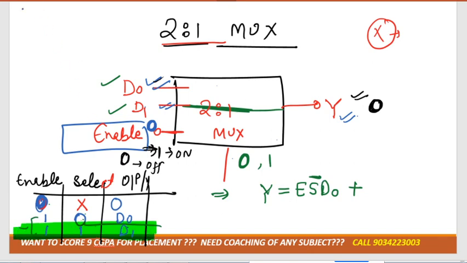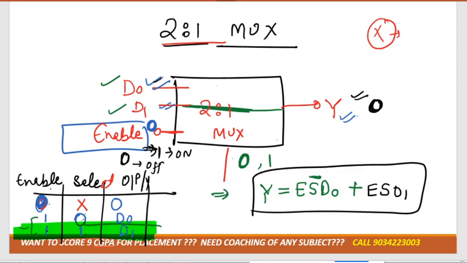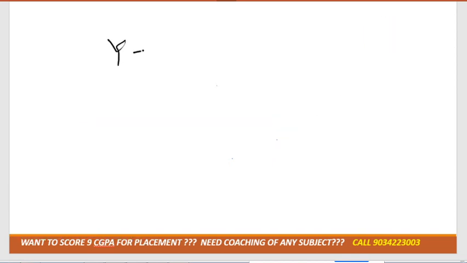For the enable pin, it's 1, so we write E. The select line is also 1, so we write S. The output is D1, so we write D1. Got it? So now we got the expression: Y is equal to E S bar D0 plus E S D1.